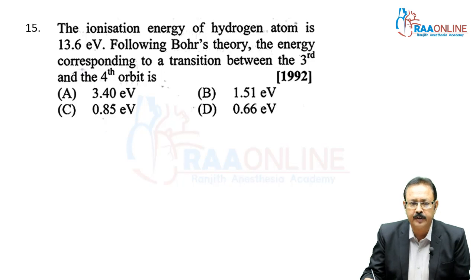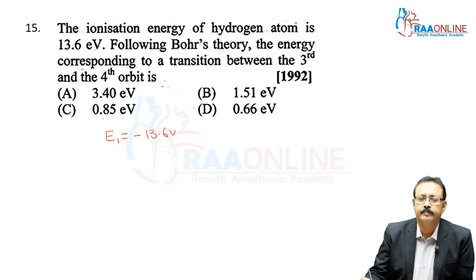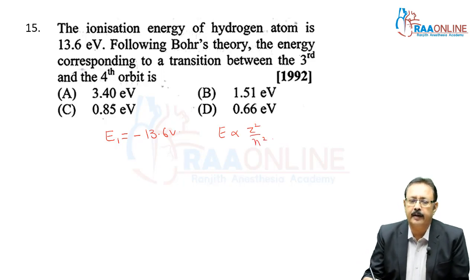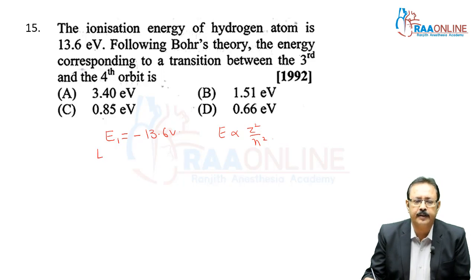It means in first orbit energy is minus 13.6 electron volt, and we know that energy is directly proportional to Z square by N square. So for a particular atom, E into N square should be constant.